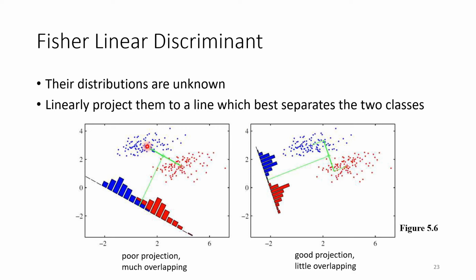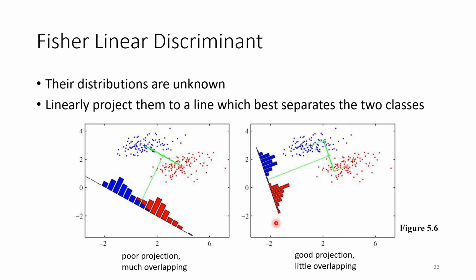However, we can try to find a linear mapping from those high dimensional vectors to a line. So in this example, we project those input value vectors onto this line, and in this example, we project them onto this line.